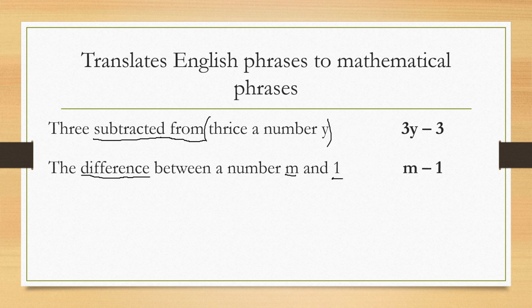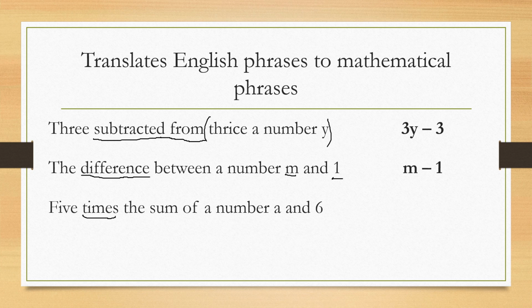So, ganun lang yun. And the next is 5 times the sum of a number a and 6. So, here we have two words associated to two operations. The first one is times, and the second one is sum. Now, in this problem, it tells us that 5 will be multiplied to the sum of a number and 6.